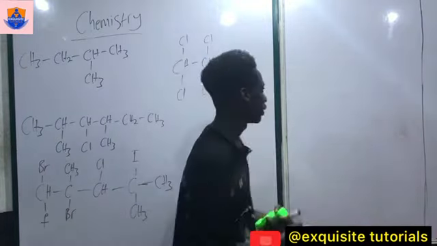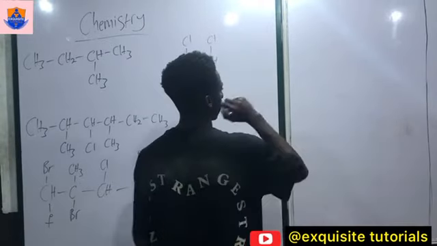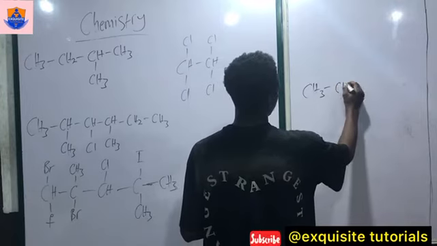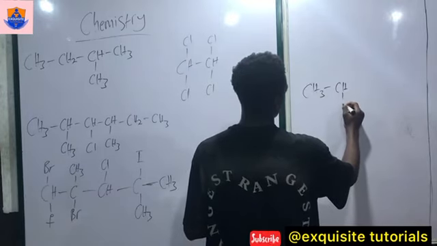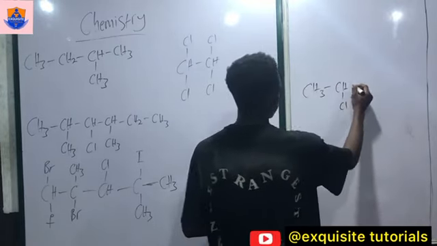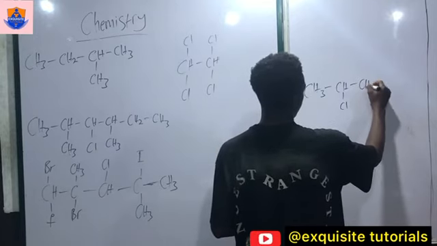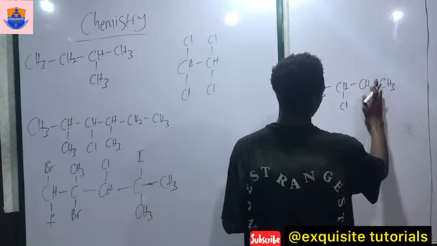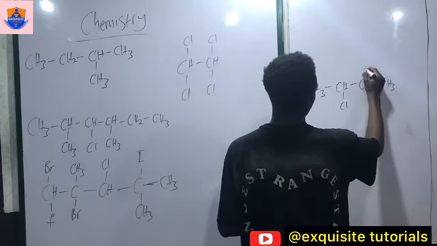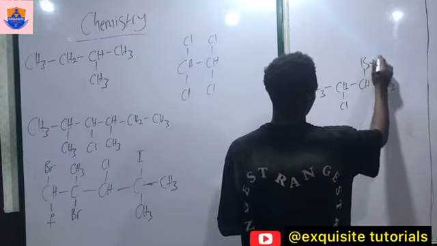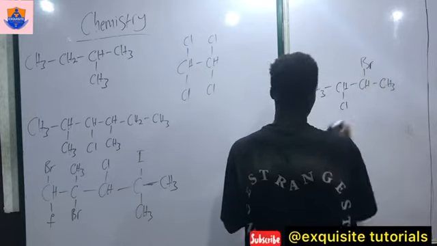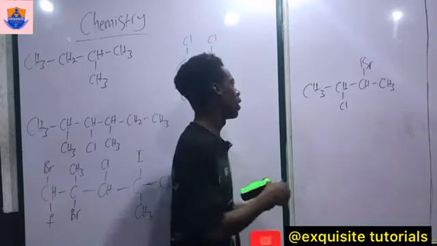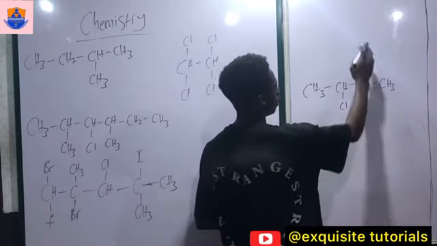Now let's take a look at something like this. This is butane, having a branch here, chlorine, and a branch here, bromine.